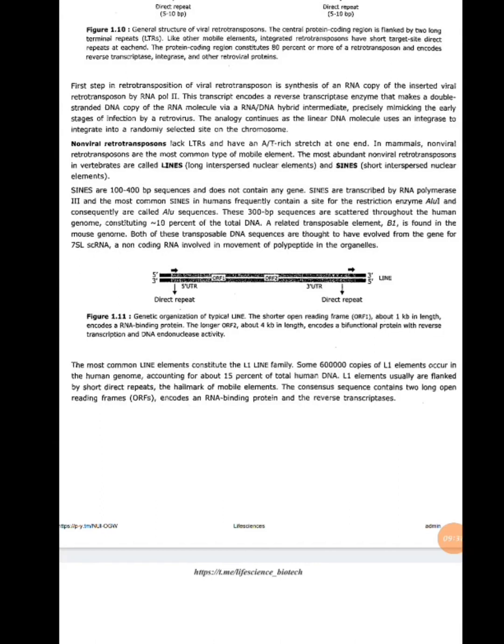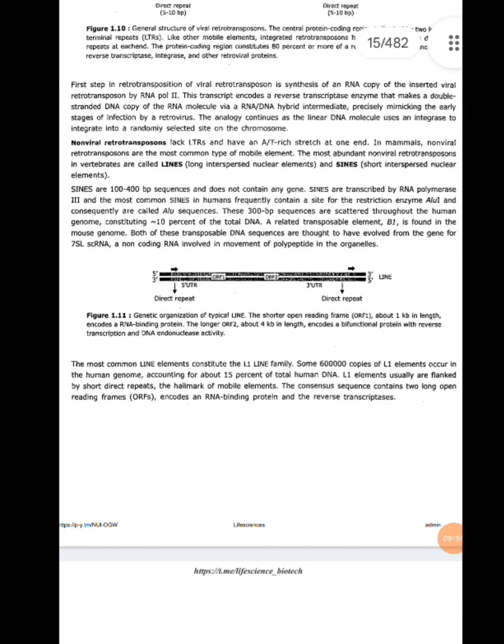So SINEs do not contain any gene, but they contain a restriction site for AluI, so they are known as Alu sequences. These SINEs are scattered throughout the human genome and constitute around 10% of the total DNA.